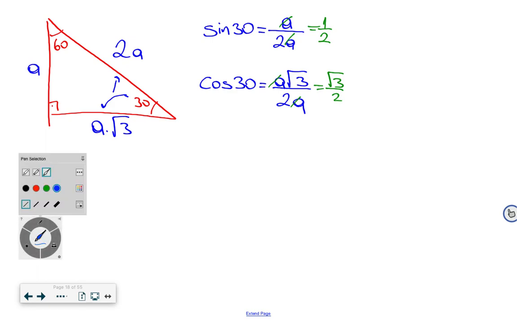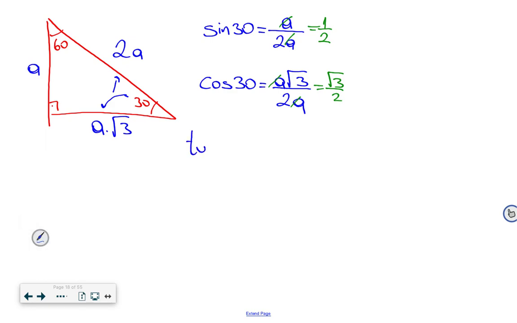The last one is tangent 30. Tangent is, remember that, opposite over adjacent. Opposite is A over adjacent of the angle 30 is A radical 3.